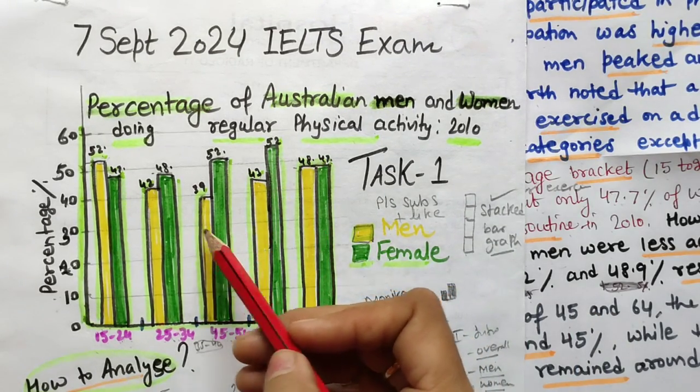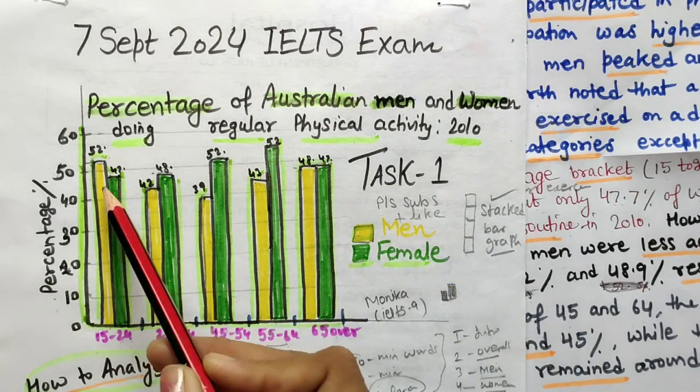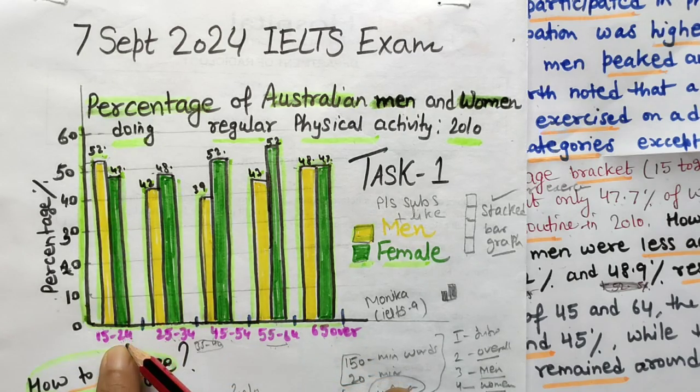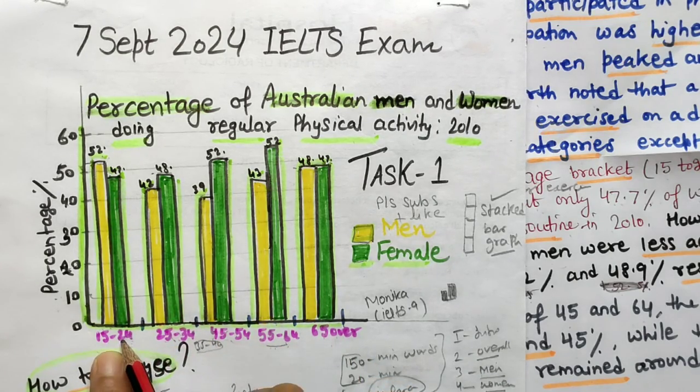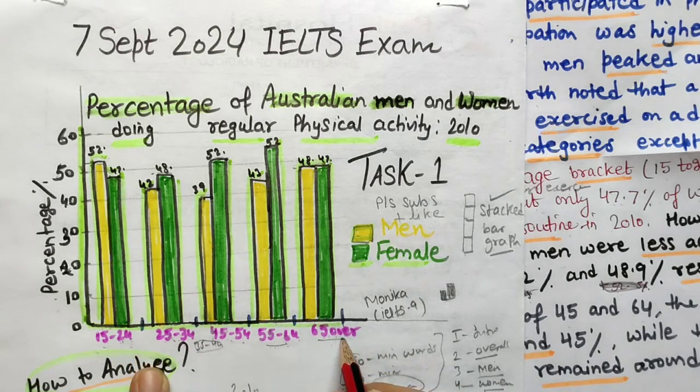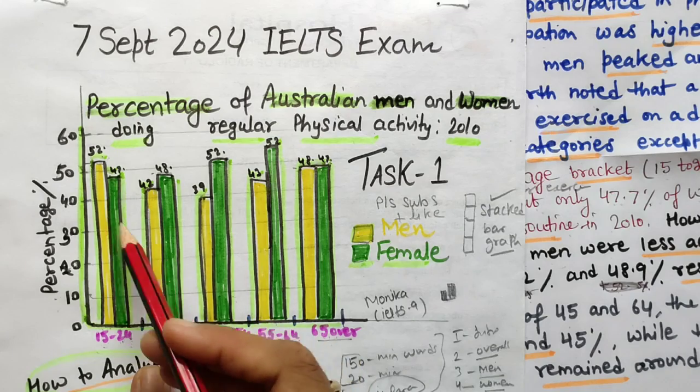Okay, so overall what I can see over here is that in the first stage, meaning the younger age group, there are 8 group categories. The youngest one is 15 to 24, and the oldest category is 65 plus.